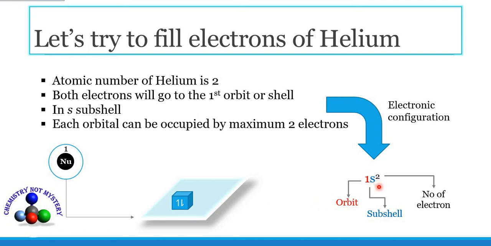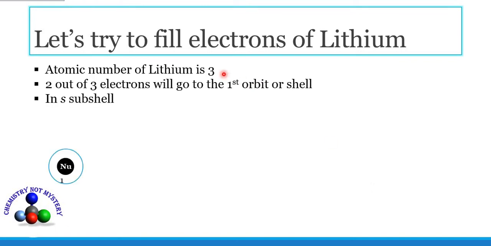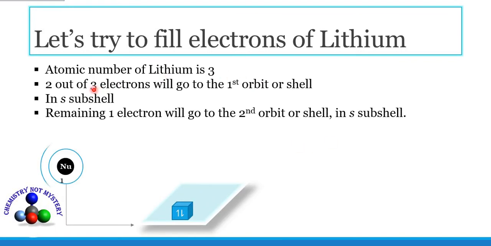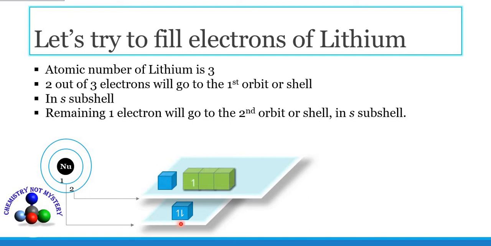Next element is lithium. Its atomic number is 3. The first electron will go to the first orbit in the S subshell. Since each orbital can be occupied by a maximum of 2 electrons, the second electron will also go along with the first electron. But now the first orbit is full, so the third electron will go to the second orbit in the S subshell, as it has lower energy than the P subshell.